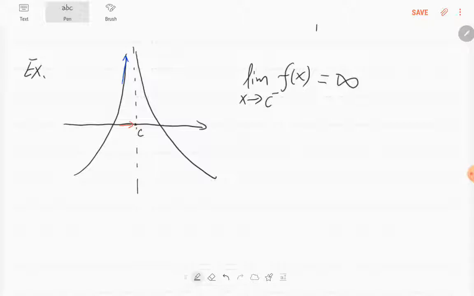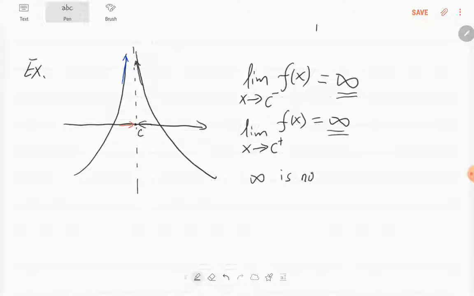So in a similar situation, let's look at the limit as x approaches c plus of this function f of x. This is the approach to c from the right side of c, and it will go up along the curve, right? So it will also be infinity. So here, infinity is a symbol, not a number.